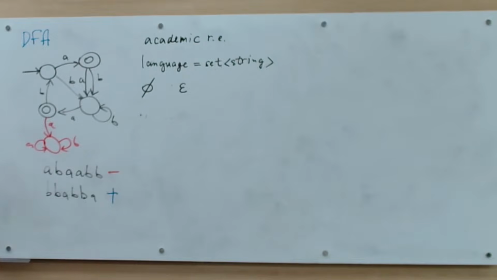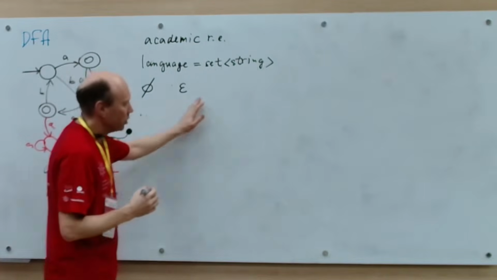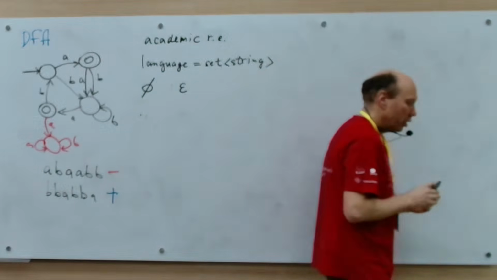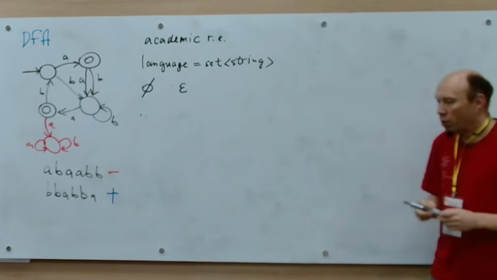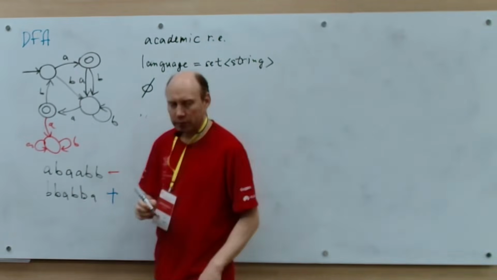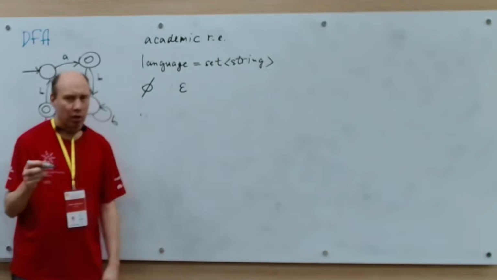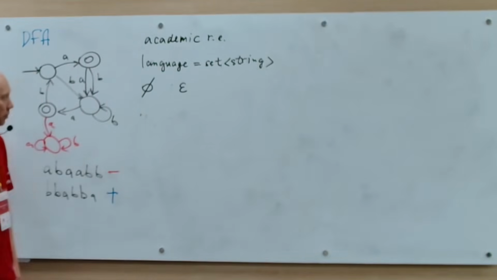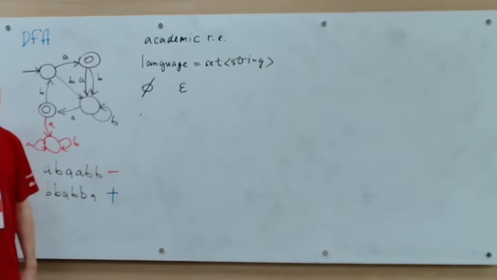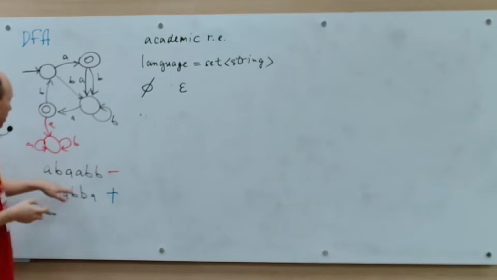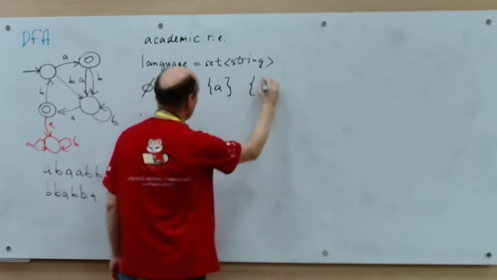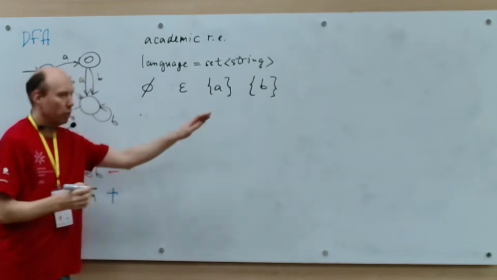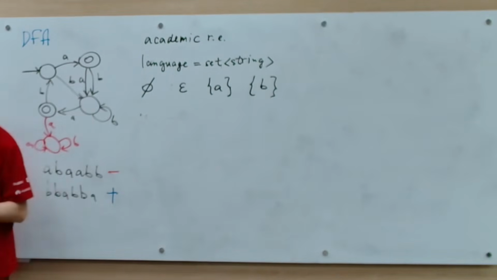Next, if we go by gradually increasing the complexity of our language, there will be languages that contain one word that consists of one letter. So if we have two letters, A and B, that is the language {A} and {B}. These are called regular languages of zeroth generation, or the basic regular languages.